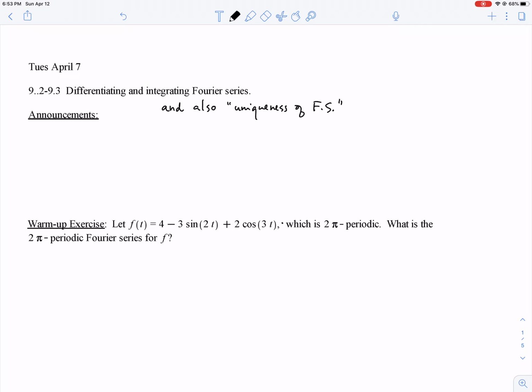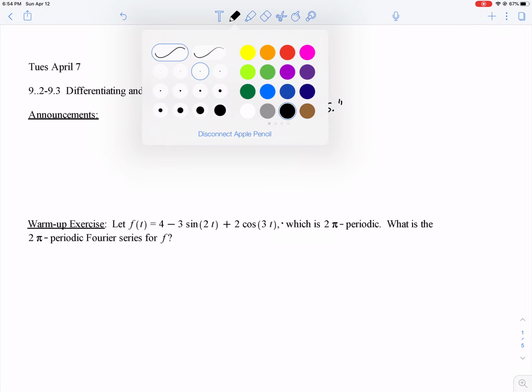So the question is, what's the 2 pi periodic Fourier series for f? And remember, in Fourier series, there are a series of sinusoidal functions whose periods are fractions of the natural period, or in this case, the omegas are all integers. Do you know the answer?